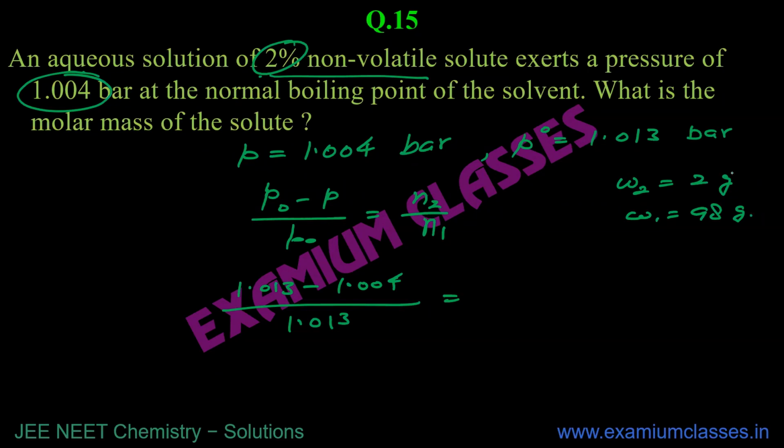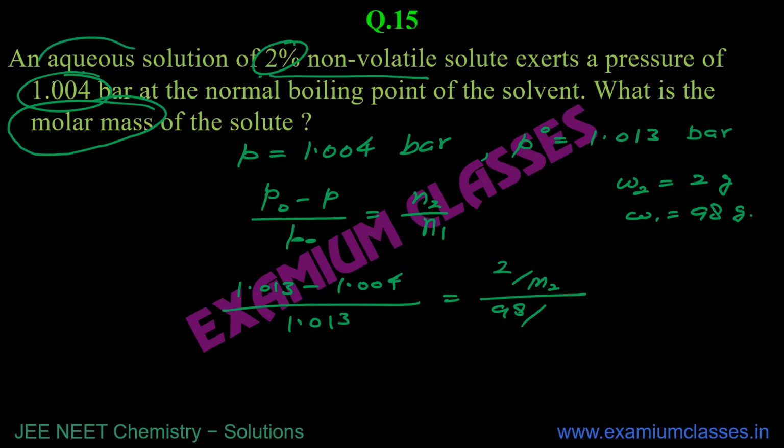So N2 will be W2 divided by M2, which is asked, and N1 will be 98 divided by the molar mass of the solvent. It is water, not given, aqueous solution, so it will be 18. It means it will be 2 by M2 into 18 by 98.